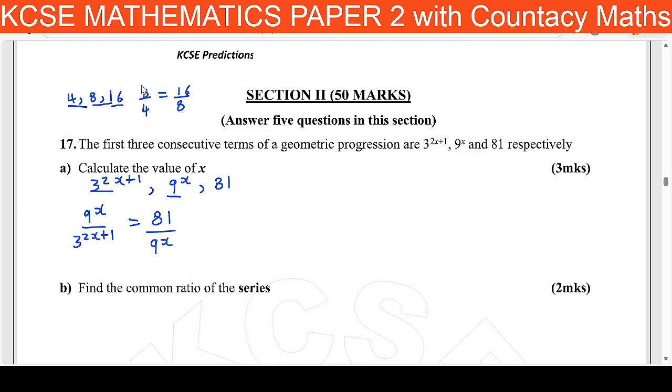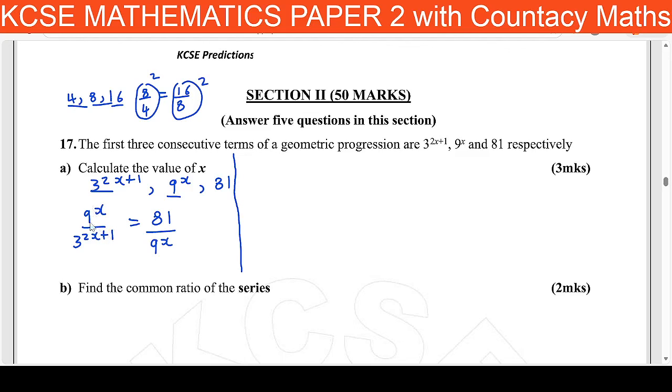Why? Because this one gives you a 2, and this one also gives you a 2, provided that you are dividing the values that immediately follow each other, from the right to the left, and that is exactly what we've done here.